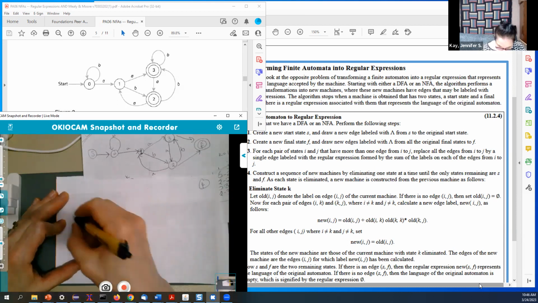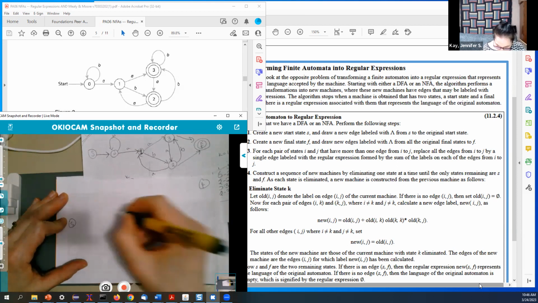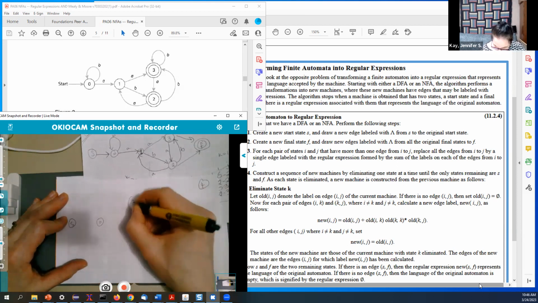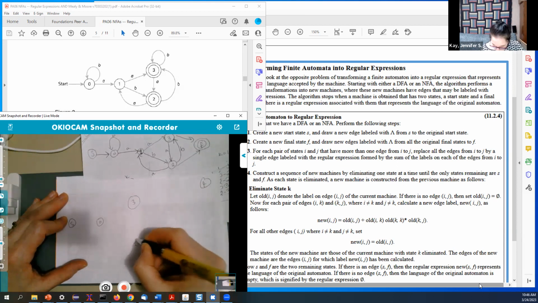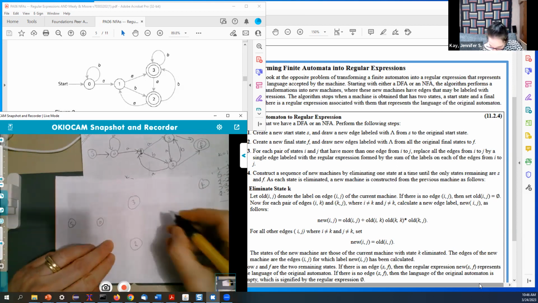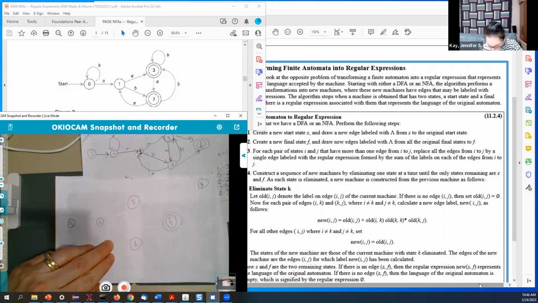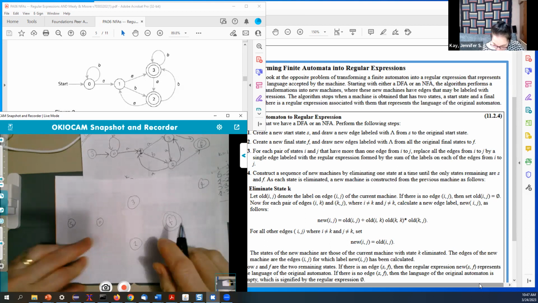So I'm going to put in my states. Of course, we're eliminating state 1, so that one isn't there anymore. All right, so I have a new... everybody except, let me put in what I've still got left.